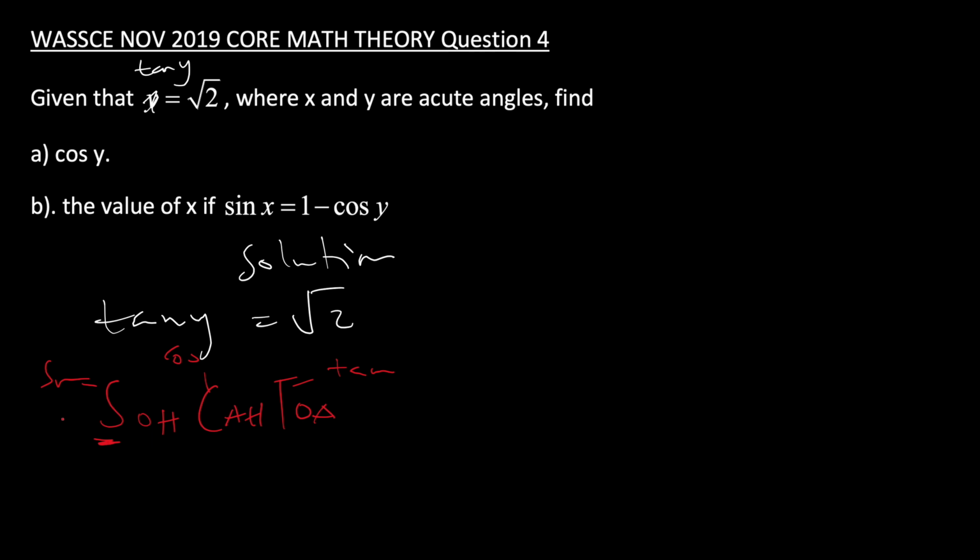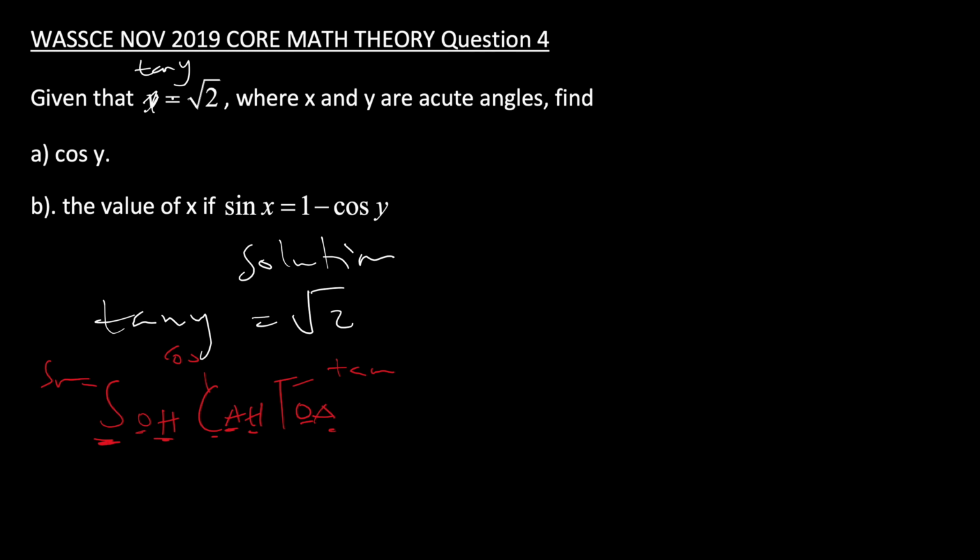Now sine of any angle is equal to the opposite over the hypotenuse, the cos of any angle is equal to the adjacent over the hypotenuse, and the tan of any angle is equal to the opposite over the adjacent.